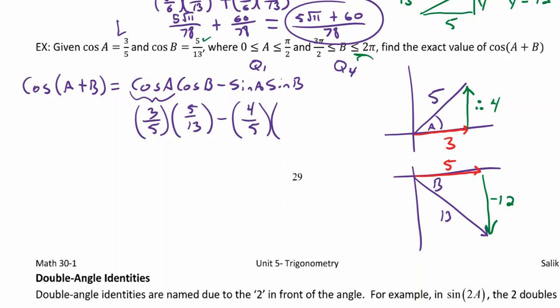And then times sine B, so now I'm looking at this one. This one will be negative 12 over 13. There we go. Got all of our numbers there. So if you put all of that in, do your due diligence, you end up adding here, right? Because we're subtracting a negative. You get 63 over 65.